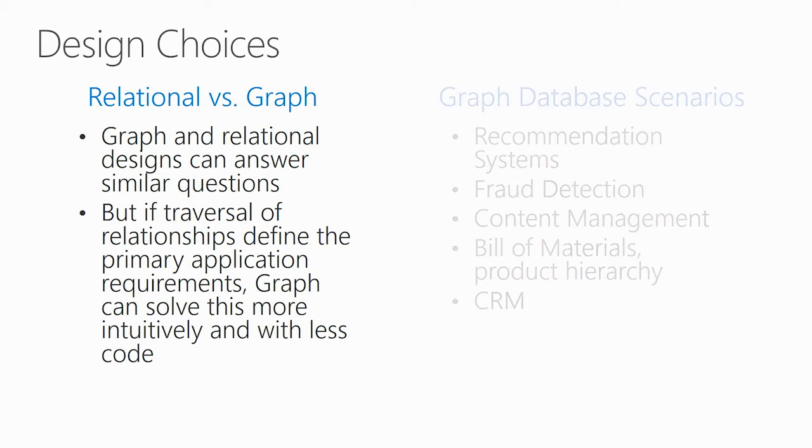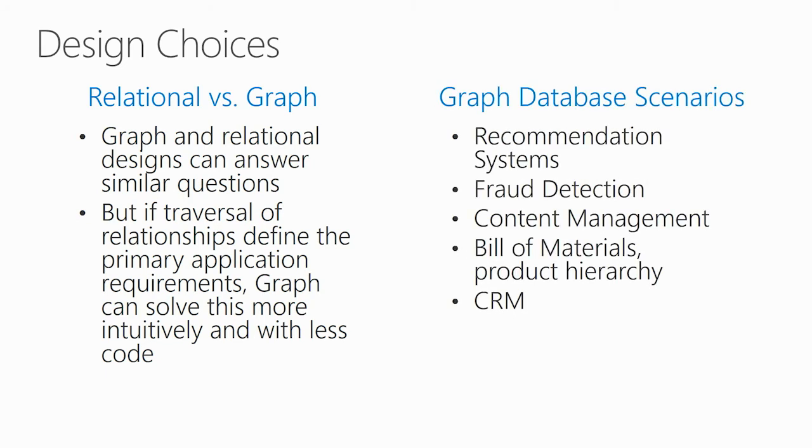Now let's look at some of the graph database scenarios that we have seen so far in SQL Server 2017. So graph has been out in private preview since January of 2017. And we have seen our customers using this feature for recommendation systems, fraud detection, in content management, a bill of materials where there is a product hierarchy, even in content management where there is a content hierarchy.